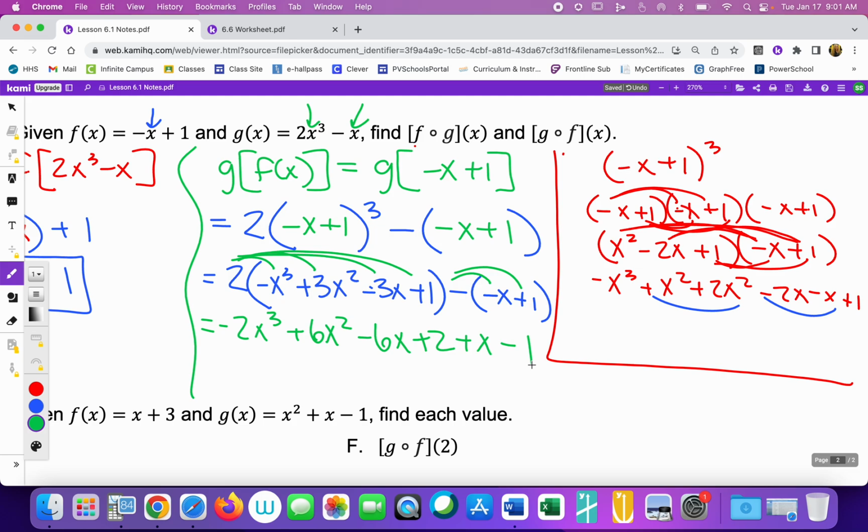And we combine like terms one more time. Anyone tell me what the result is? Negative 2x cubed plus 6x squared. We have negative 6 and then a 1x, so negative 5x, and then 2 minus 1 is 1.